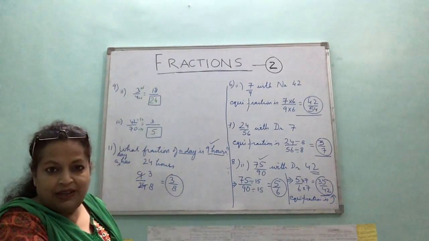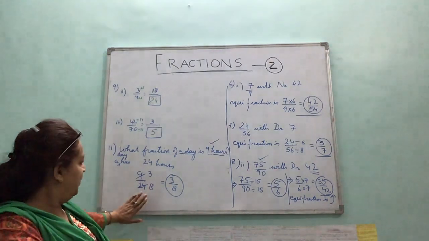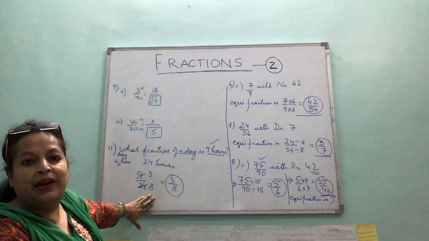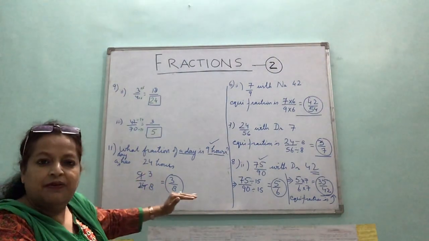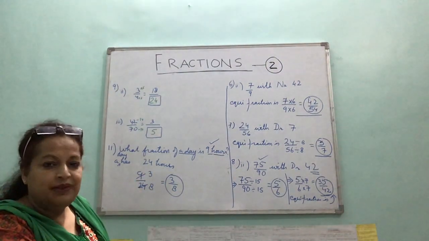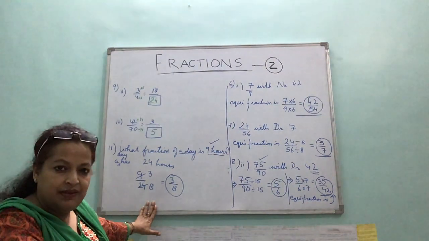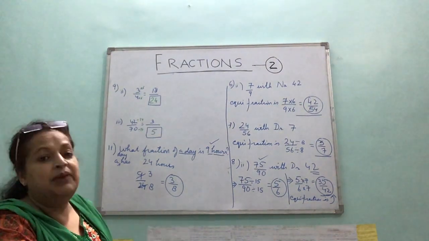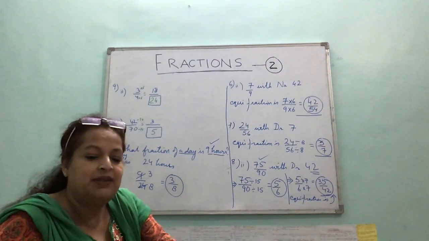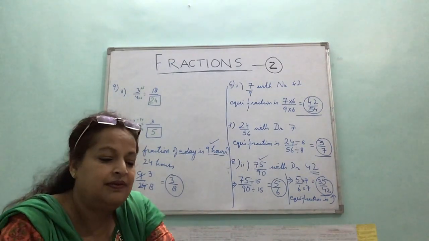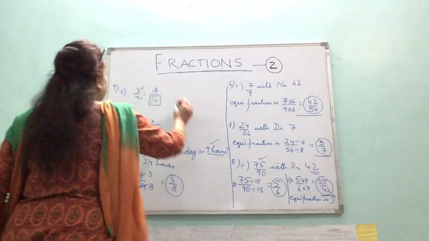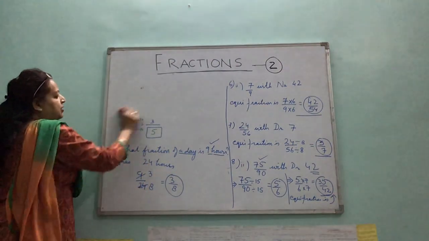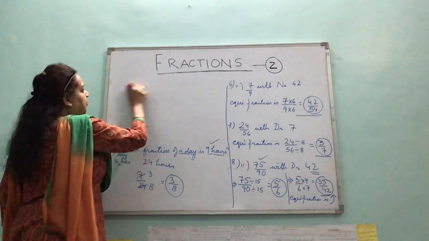This one method is dividing by the common factor, and there can be a lot of steps in doing it. There are other methods also. So that is my next heading: to express fractions in the simplest form.